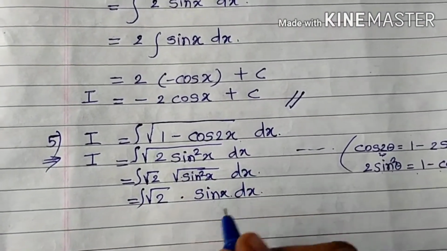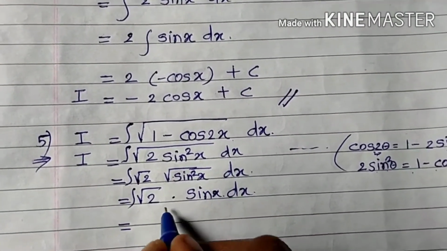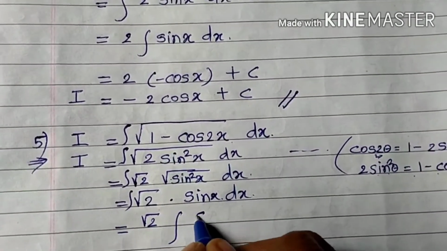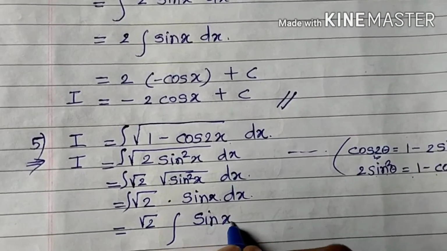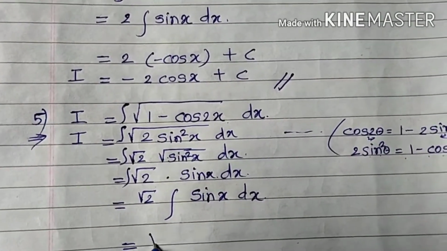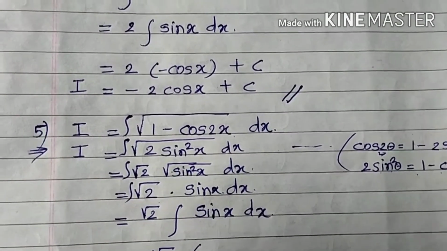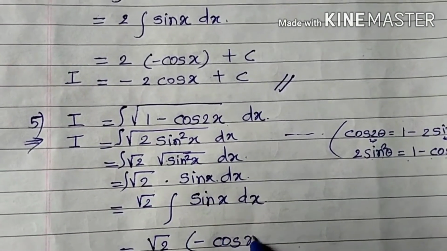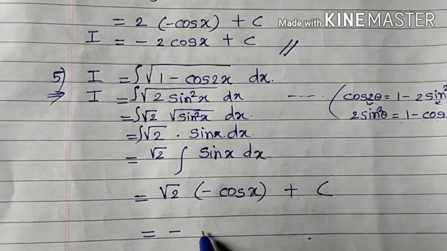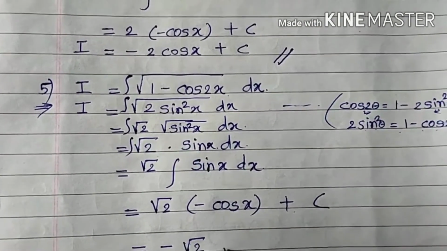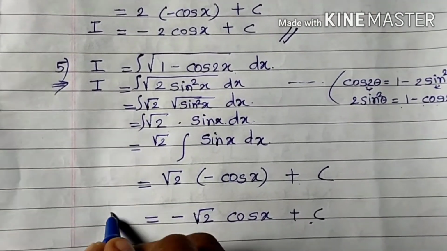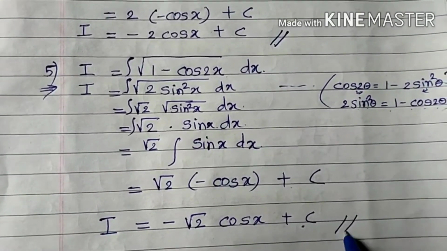Root 2 is constant, take outside of integration, so it is only sin x dx. And we know that integration of sin x is minus cos x plus c. So it is like that, minus under root of 2 cos x plus c. This is your answer.